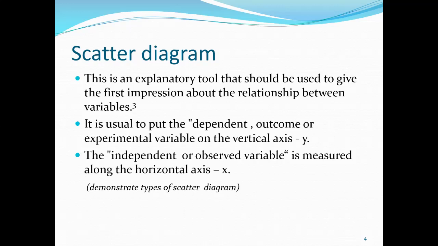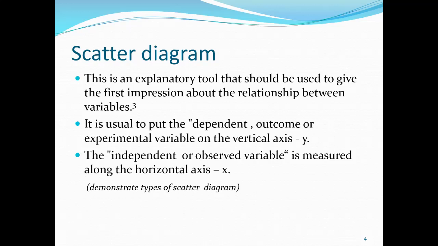Now, what is independent or observed variable? It is independent. It exists like that. It is what it is. We just observe it and report it. Between age and blood pressure again, age is obviously the observed variable. It is independent. The age does not depend on the blood pressure. We observe what the age is. Maybe we ask for your date of birth.